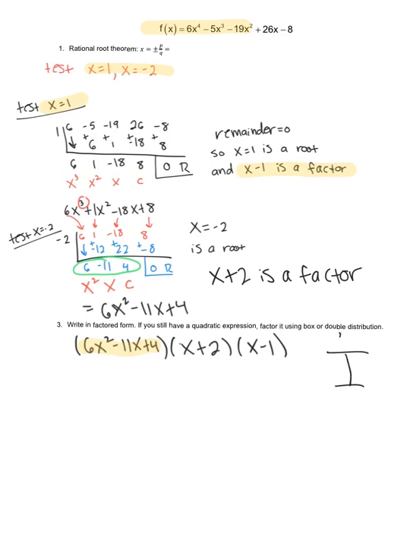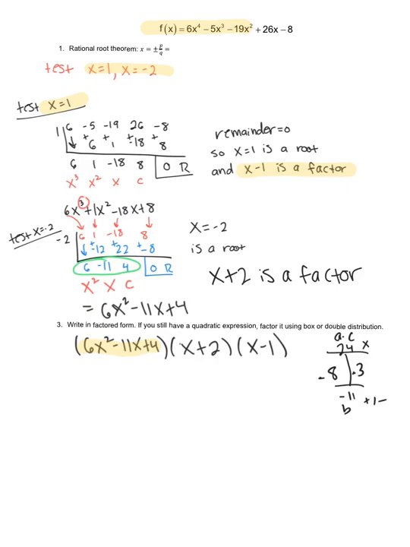So a times c at the top, b on the bottom, 6 times 4, 24, and then -11. So I need two numbers that multiply to 24 and add to -11. Those two numbers are 8 and 3, and I need both of them to be negative to satisfy my conditions.